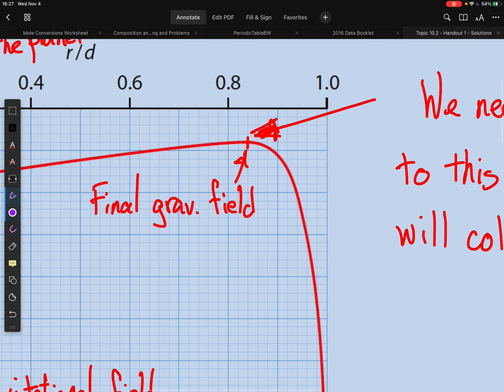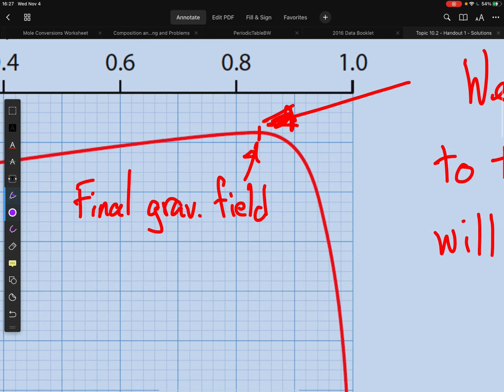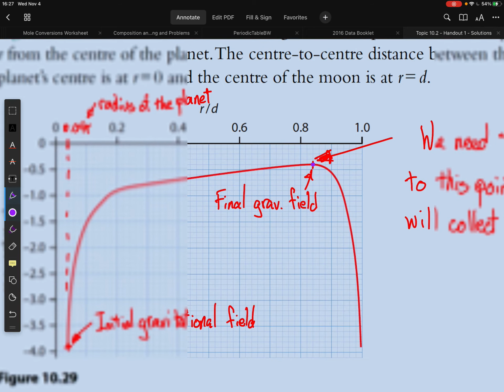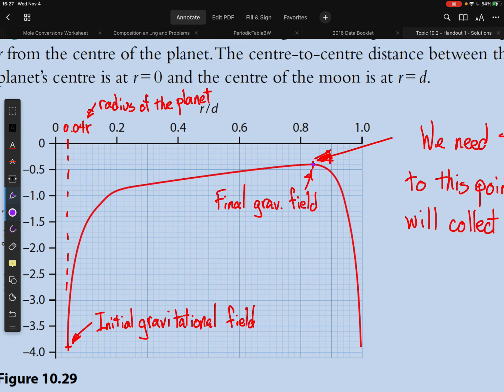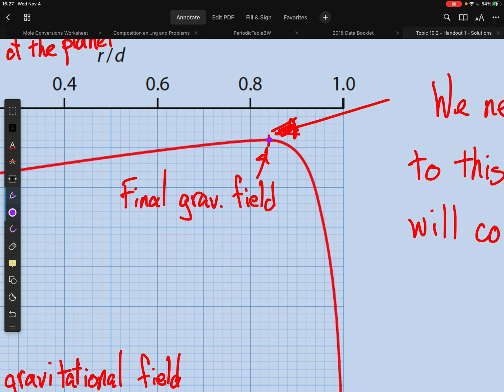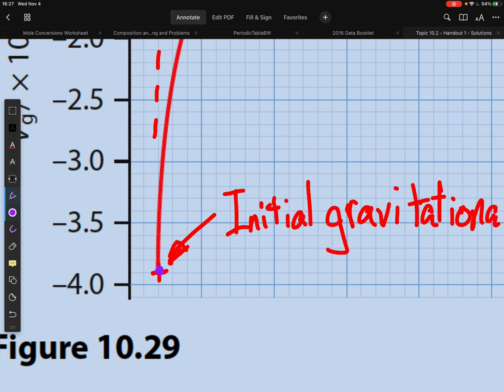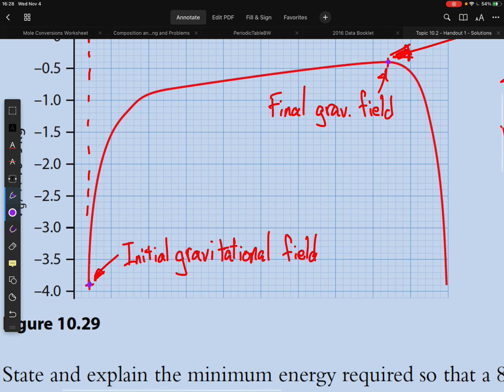From this point, the moon's gravitational field will capture the object, but up until this point, and you know that this is the point because it's the maximum, or minimum rather, from this point the object will be captured. So what we need to calculate is the amount of work done from this point here to this point here.